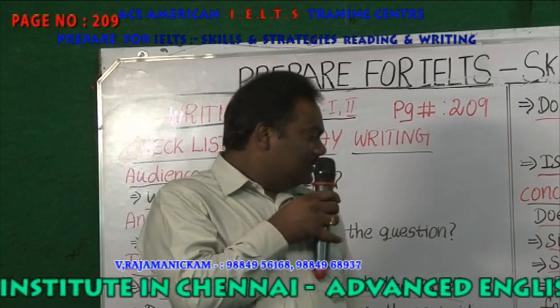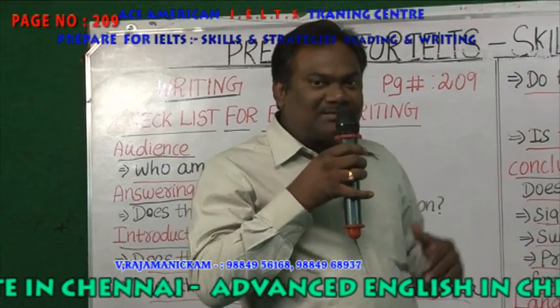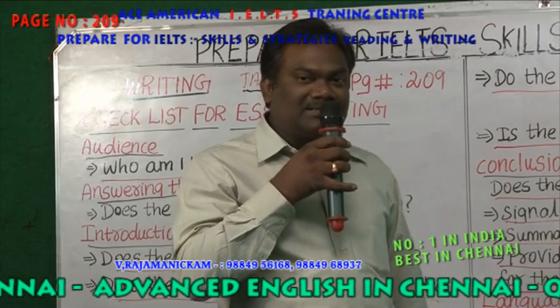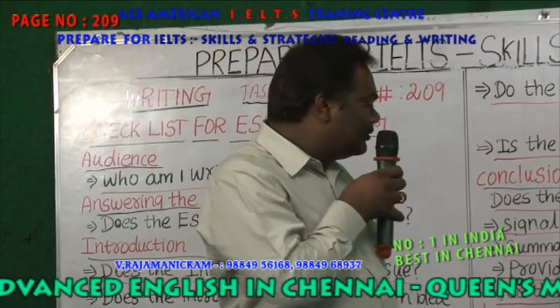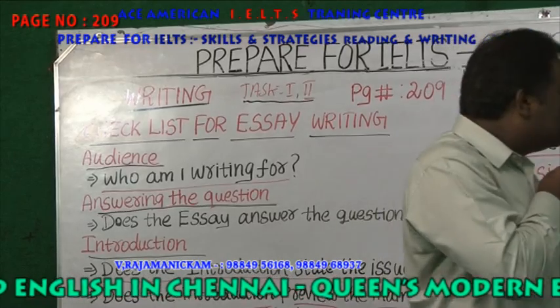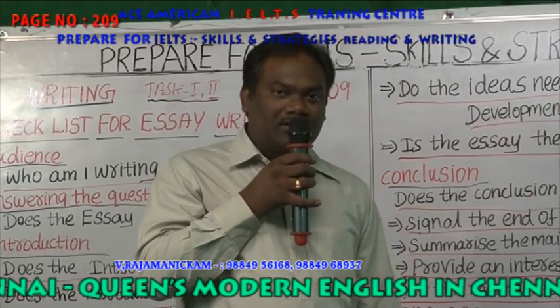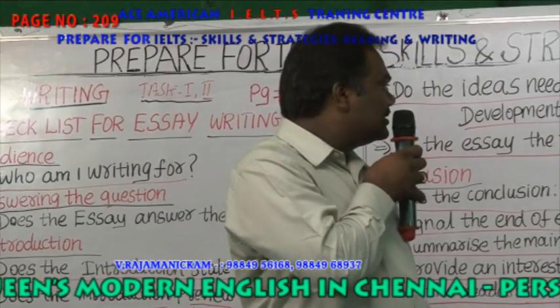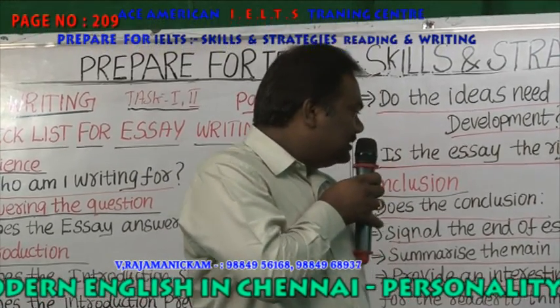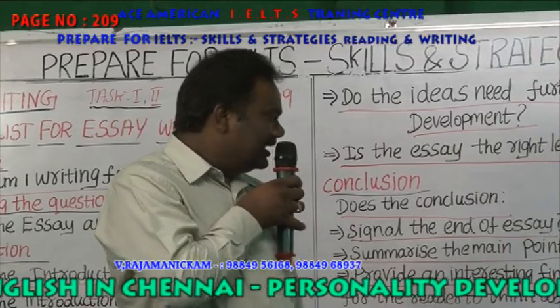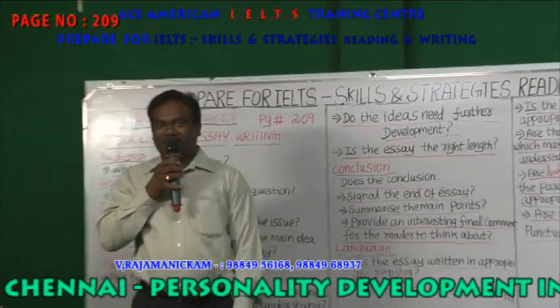Once the essay structure is written properly, we need to focus more on the vocabulary we are using, punctuation, grammatical mistakes, and spelling mistakes. We should take care of all these things.